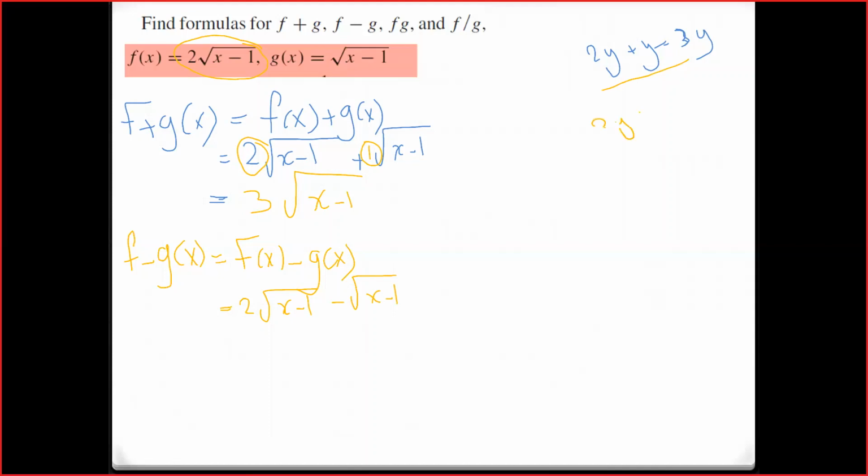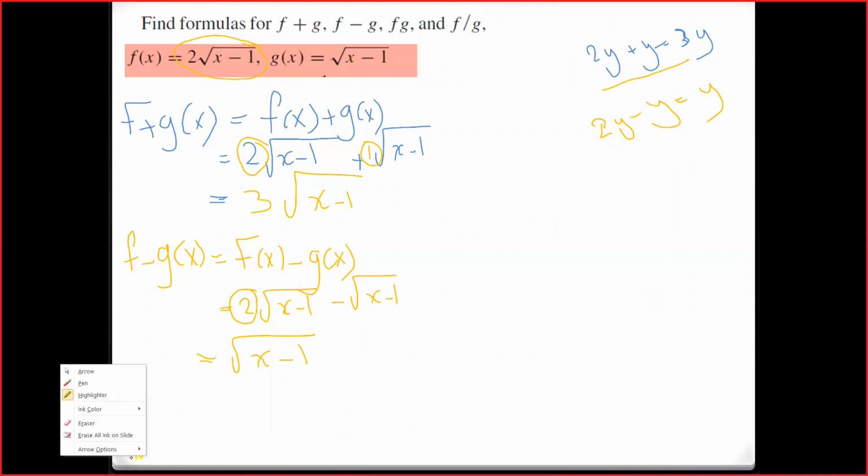Here I have 2y minus y, so it's equal to y. So here, 2 minus 1 is 1. So the answer will be square root of x minus 1. Is it clear? Grade 11? Yes, ma'am. Okay.